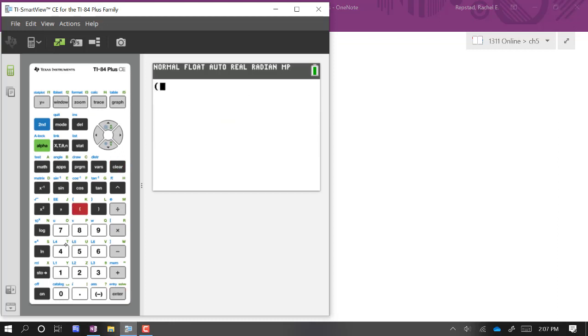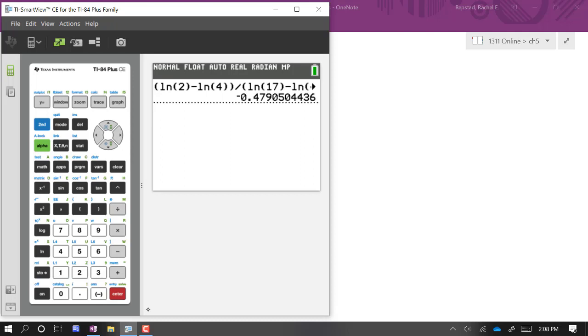So open parentheses up top, we have ln 2, close those parentheses, minus ln 4, close those parentheses, and then close the numerator. Divide, open parentheses for the denominator, ln 17, close that ln, minus ln 4, close that ln, and then close the denominator.